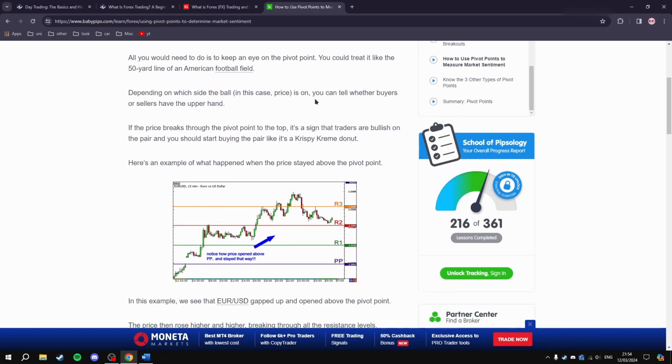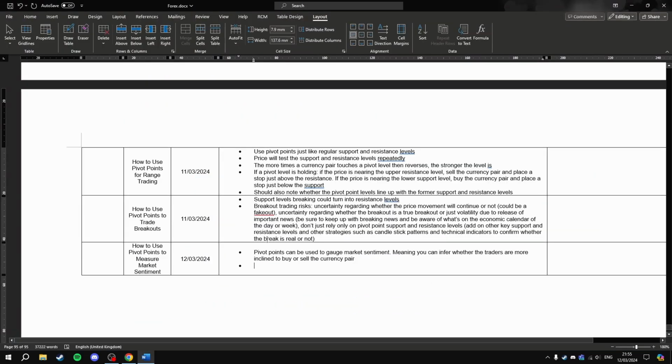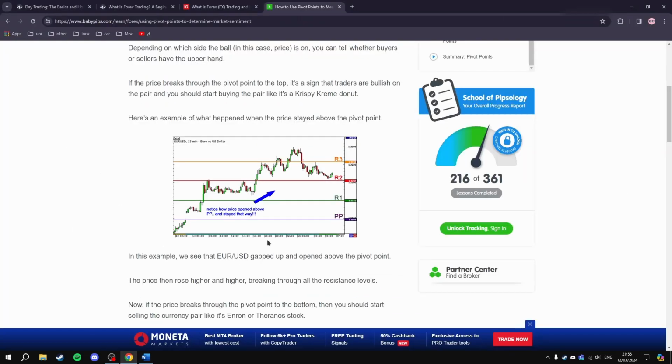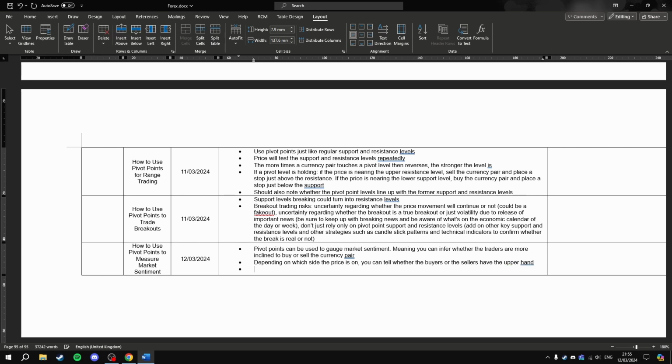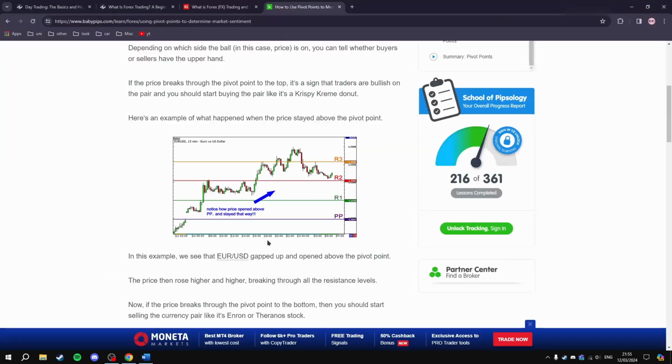Depending on which side the price is on, you can tell whether the buyers or the sellers have the upper hand, aka whether there's more buyers or more sellers.